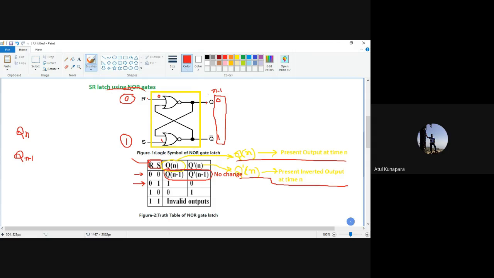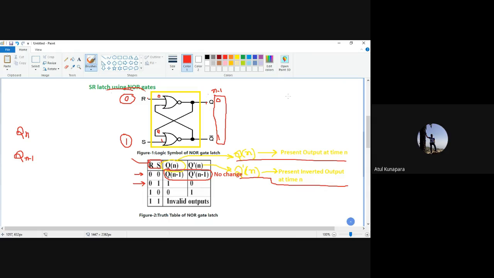Now when you have given set input 1, your output is going to be set. Right now the condition is 0, so your 0 is coming here from the Q, and you have given set input 1 over here.